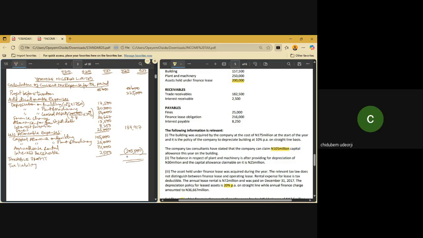154,417. It's not correct. Oh yeah, give us your own figure now. The disallowable expenses is 184,917.